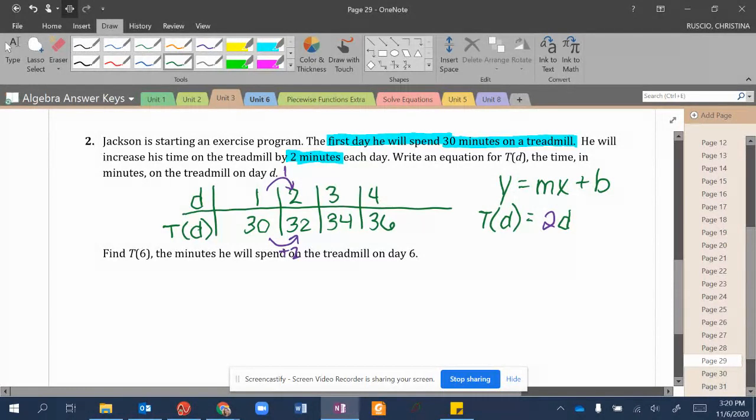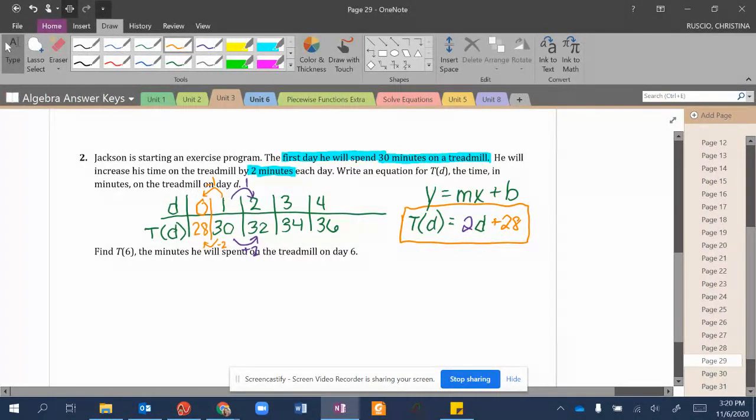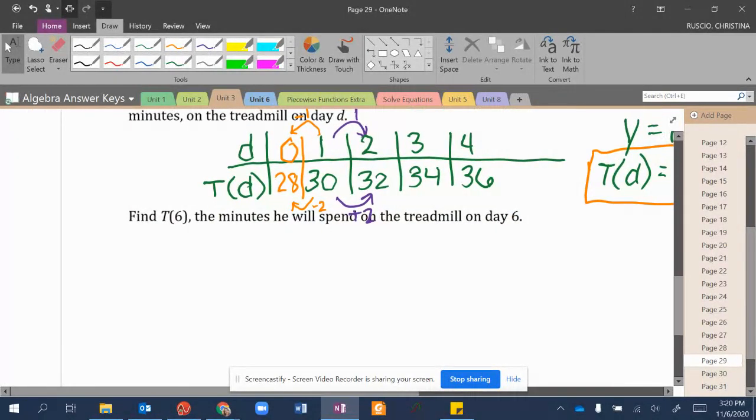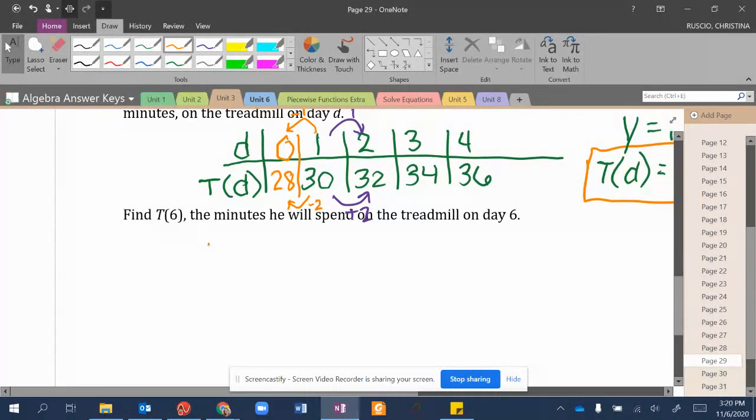And our y-intercept is not in our table yet, so let's find it. Let's work backwards. 1, if we take away 1 is 0. 30, if we take away 2, is 28, because we're just going in the opposite direction, so we have to use the opposite sign. So this would be 2d plus 28. Then in this part, it says find t of 6, the amount of minutes he will spend on the treadmill on day 6.